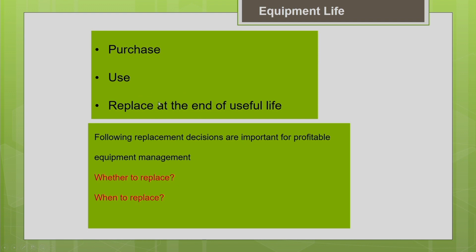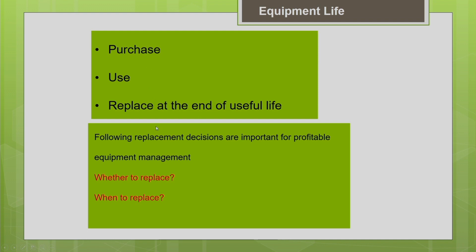Generally we replace at a particular point when the machine is totally worn out. That means it will not be economically feasible to repair it and use it. At that stage, we either abandon it, scrap it, or sell it at a reasonable price, and replace the old machine with a new machine. So, these are the common phases in any equipment life.